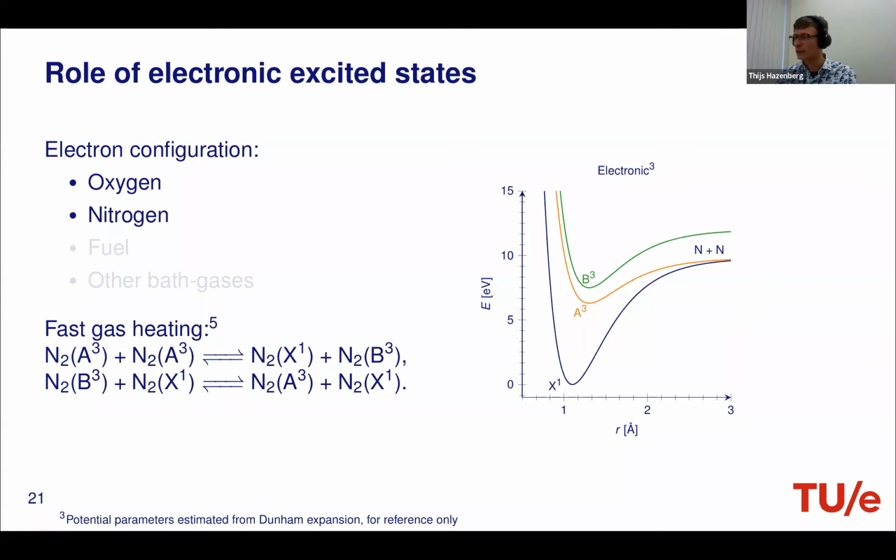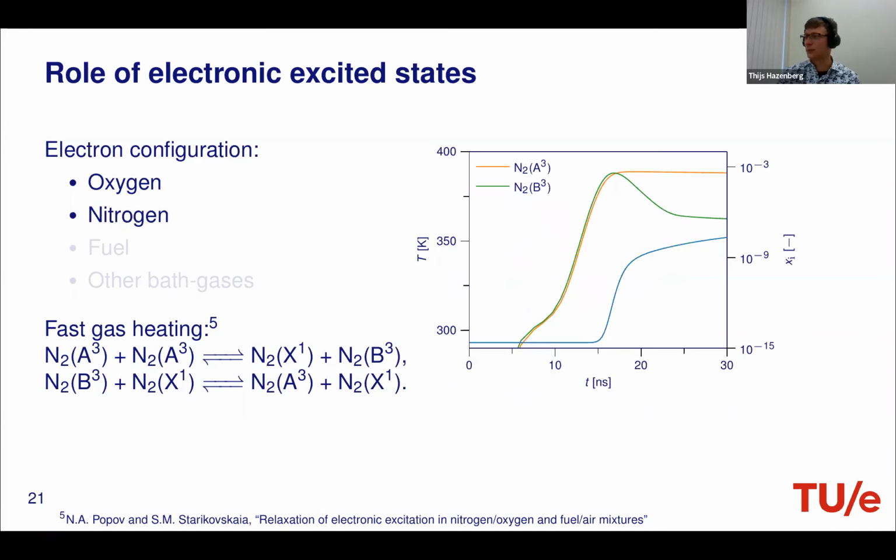One mechanism that they play a role in is a fast gas heating mechanism. There is a lot of potential energy stored in these nitrogen excited states, and they are relatively short-lived. Which means that within a time scale of several nanoseconds, they are produced in our plasma, they start quenching with each other, and they provide a very fast mechanism of gas heating, which means that the gas temperature can rise within around 5 nanoseconds by, in this case, 50 Kelvin, but can even be significantly higher.